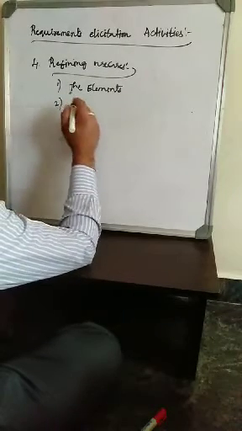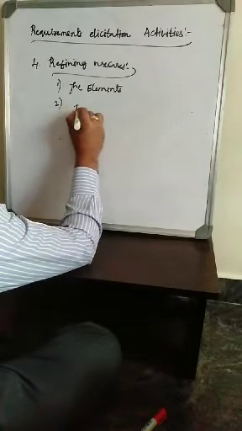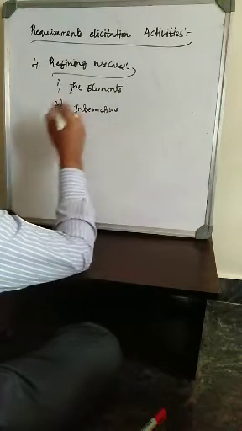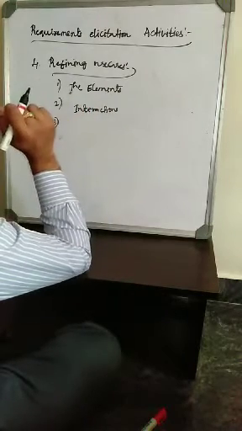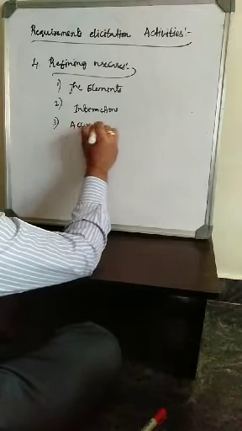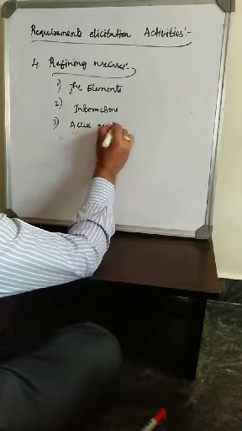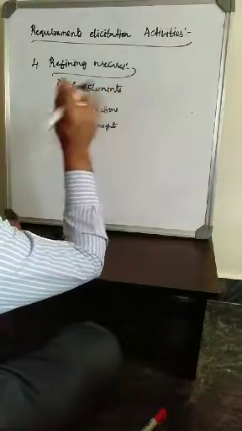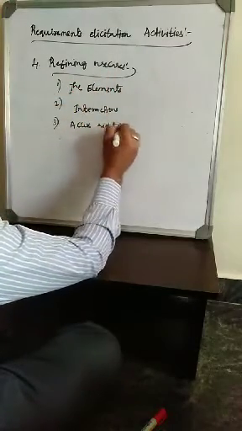Second, we have the interactions between the different elements of the system. Third is access rights: read and write. He may only be able to read and not write, or he may be able to do both read and write. That is called access rights.